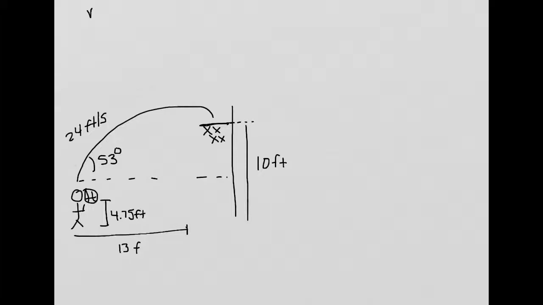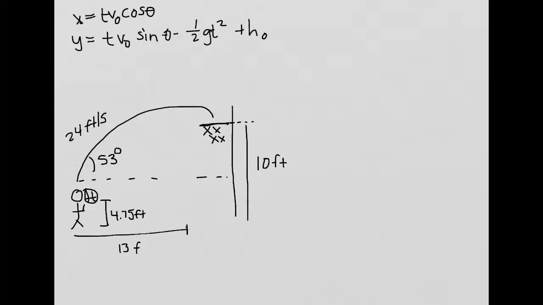X is equal to t v sub 0 cosine theta. Okay, and Y is equal to t v sub 0 sine theta minus 1/2 g t squared plus initial height. Okay, and so what we're going to do here is see if she makes this shot.